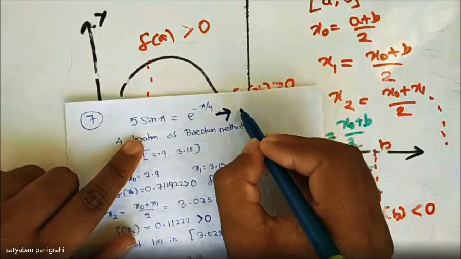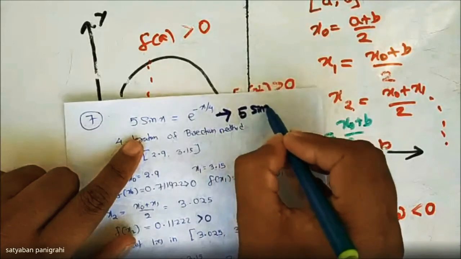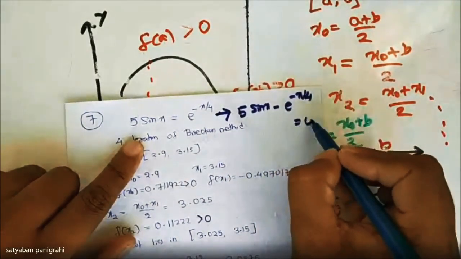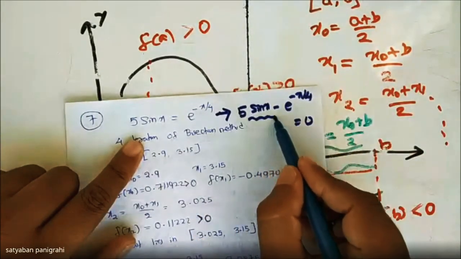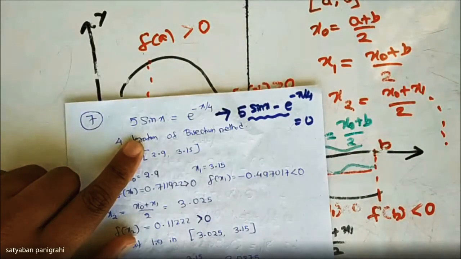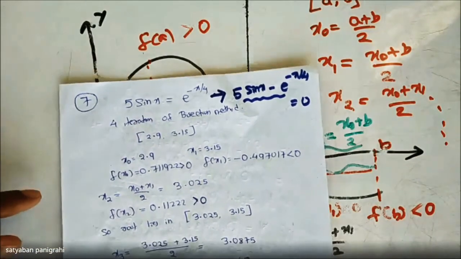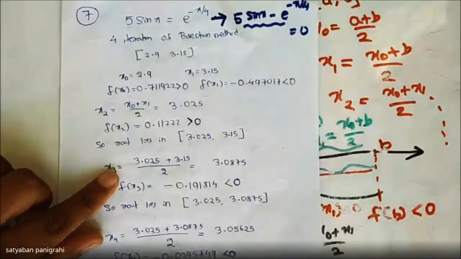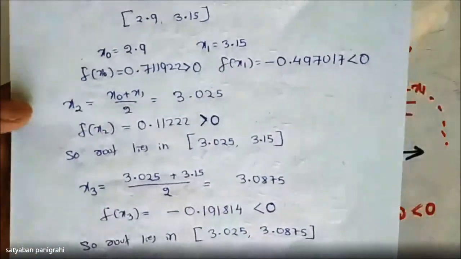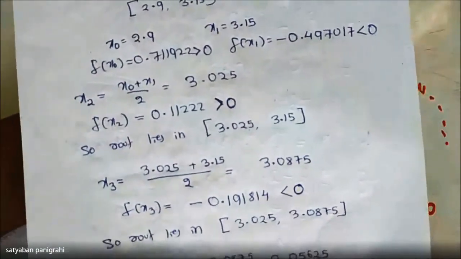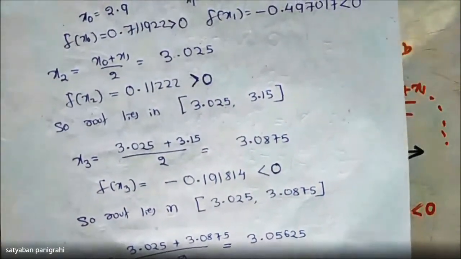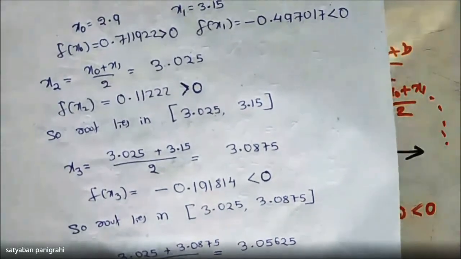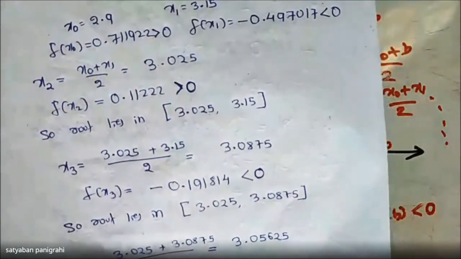So you can write 5 sin x minus e to the power minus x by 4 equal to 0, and take this as your function f(x). Applying the value x2, we get f of x2 as 0.11222. This is a positive value, so the root lies between 3.025 and 3.15.